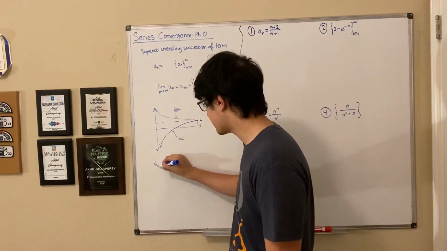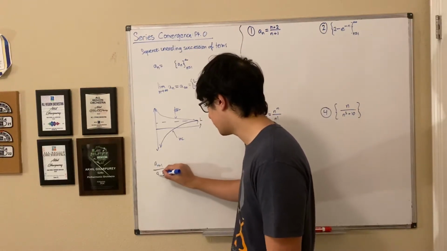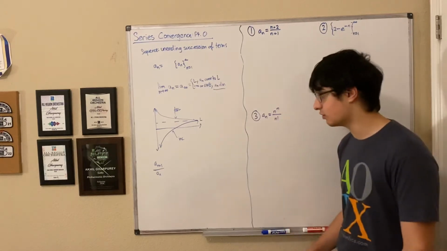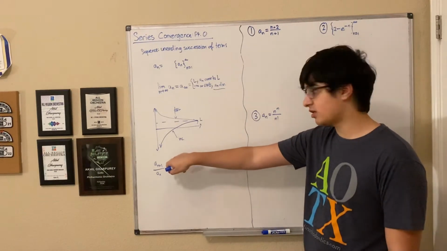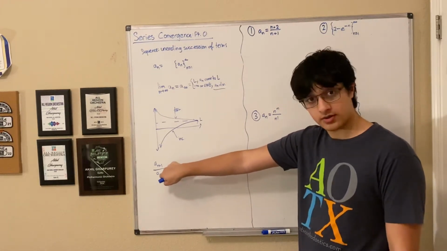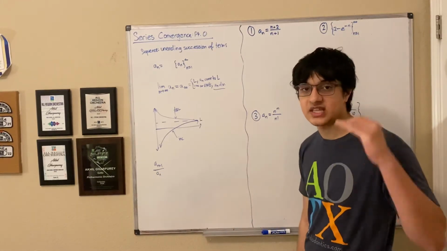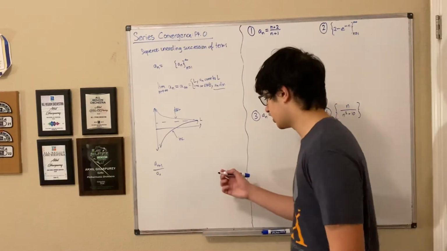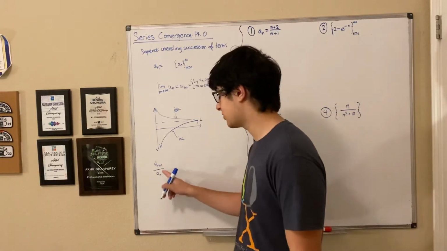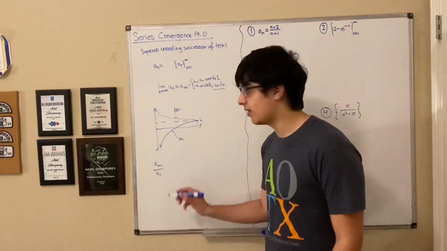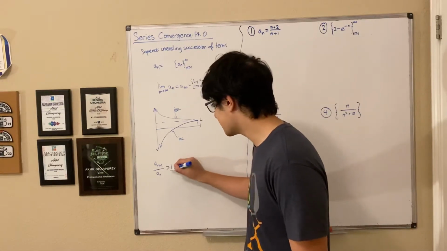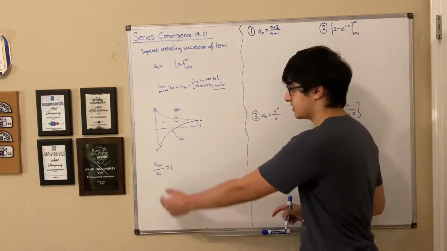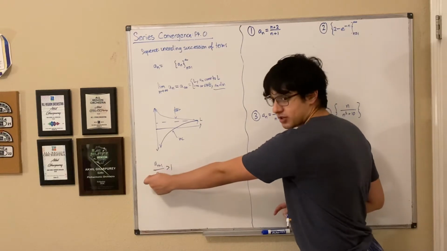What we use instead is a ratio of terms. More specifically, the ratio of a sub n plus 1 over a sub n. And this is useful because if a sub n plus 1 is greater than a sub n, we can say that the sequence increased in value as we moved one n. So, how can we tell if a sub n plus 1 is greater than a sub n? Well, that would mean that this ratio is greater than 1, because we would have a greater term divided by a smaller term.